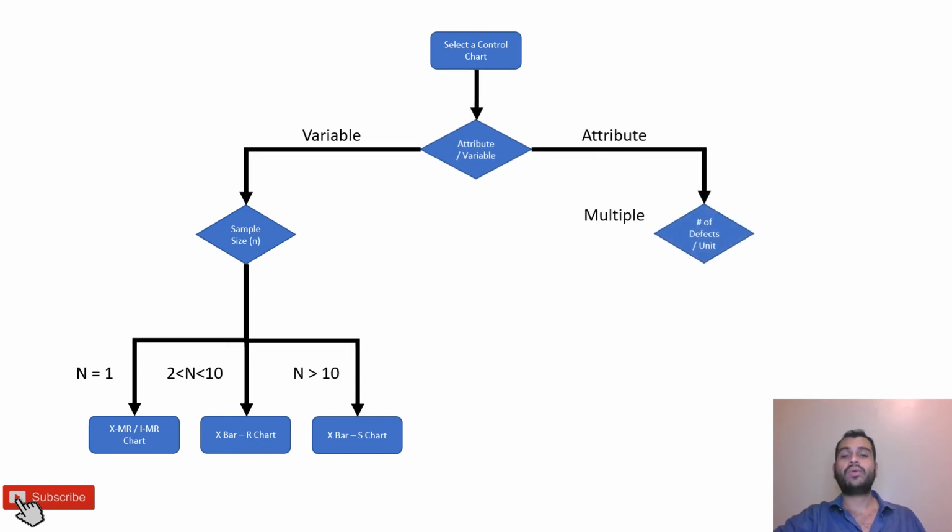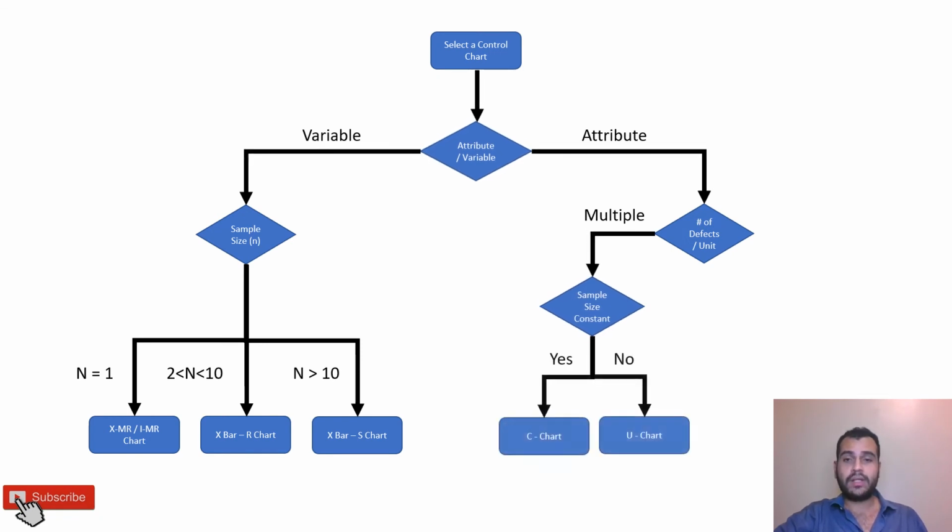Now if we go with the attribute data, here there'll be different sample sizes, and they can be multiple or single. But anyways, let's see the first one for multiple. If the sample size is constant, you will select the C chart.